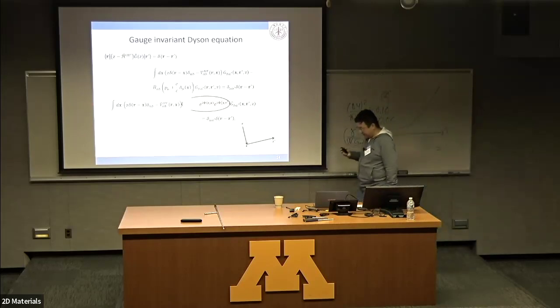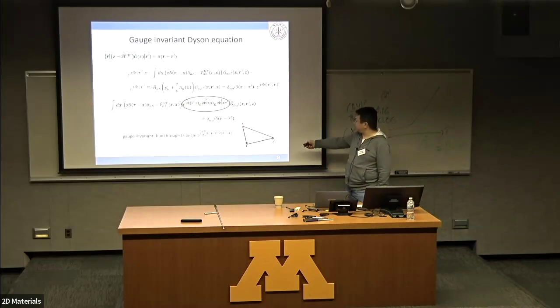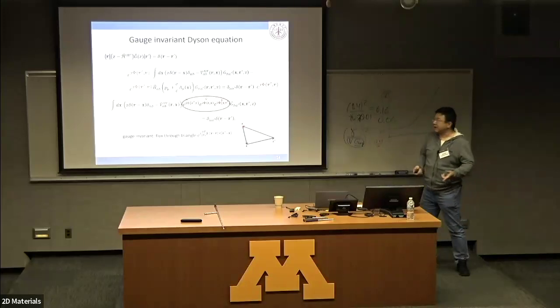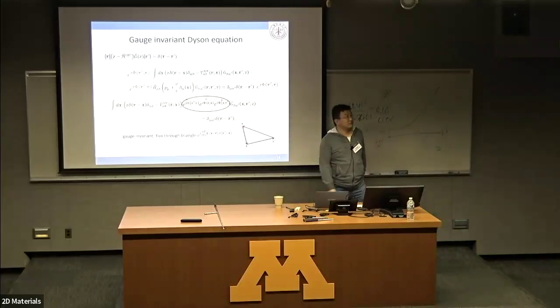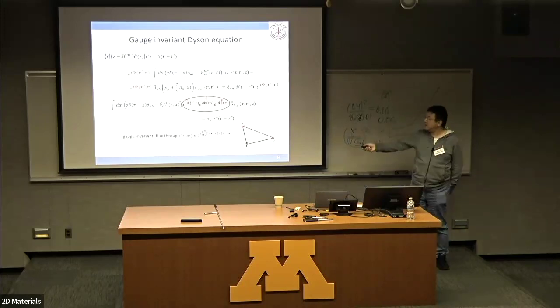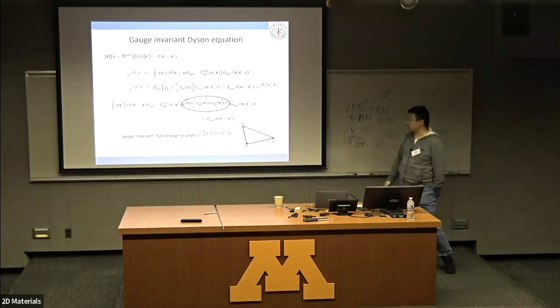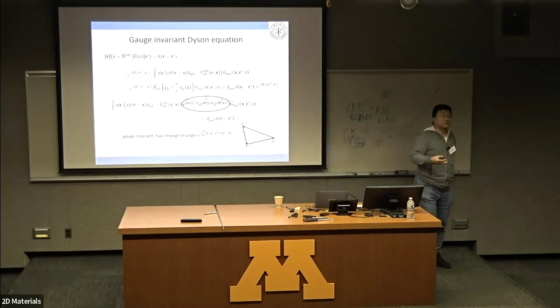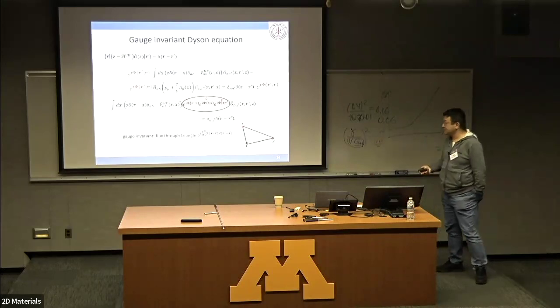So how do we obtain a gauge invariant equation? That's simple. You just multiply by a third phase factor, from R prime to R. Now you have three phase factors multiplied together, and clearly those three phases form a triangle. The product of those three phases is nothing but the magnetic flux through this triangle, which, as we know, is gauge invariant because it depends only on the magnetic flux.